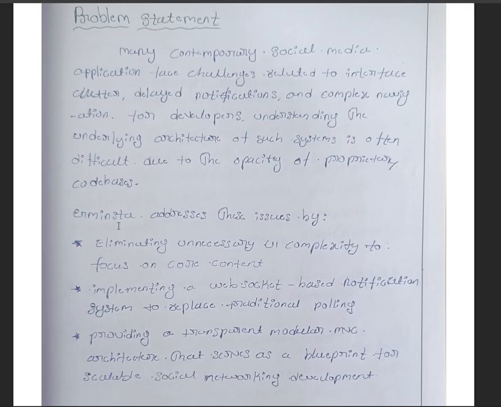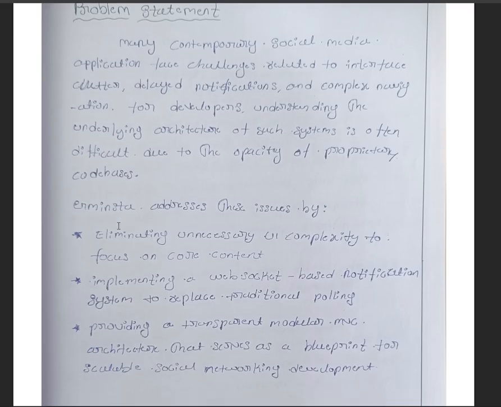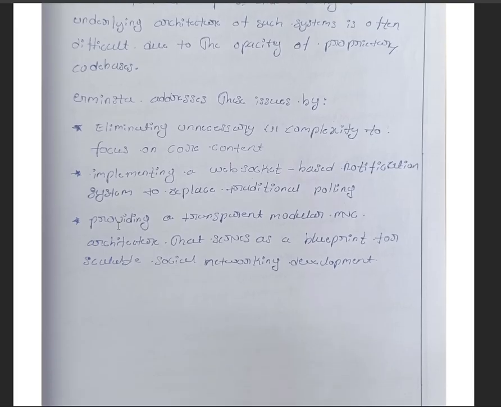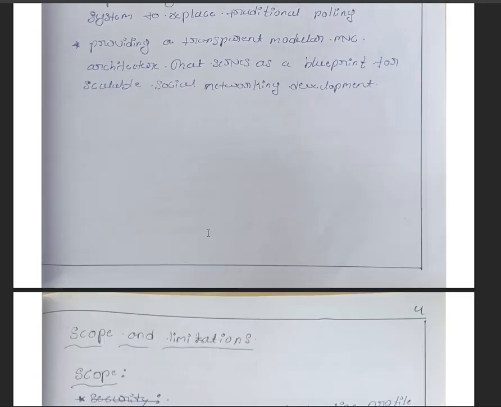For developers, understanding the underlying architecture of such a system is often difficult due to inefficient code bases. GMinsta addresses this issue by eliminating unnecessary UI complexity to focus on the core content, implementing a web socket based notification system that replaces traditional polling, and providing a streamlined MVC architecture.